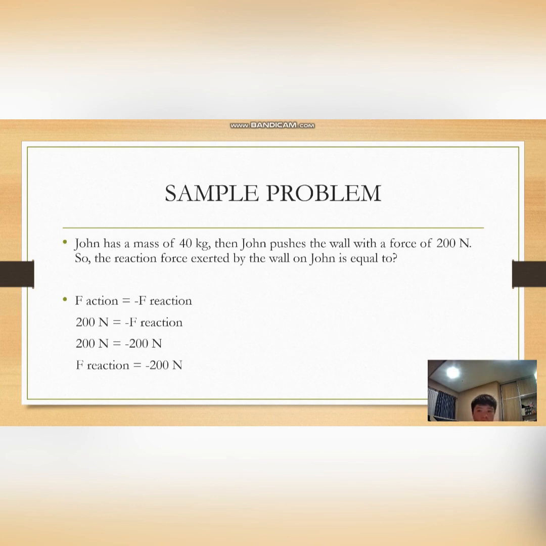The F action, we get from the question, is 200 Newton, equal to negative F reaction. 200 Newton equals negative F reaction. F reaction equals negative 200 Newton.